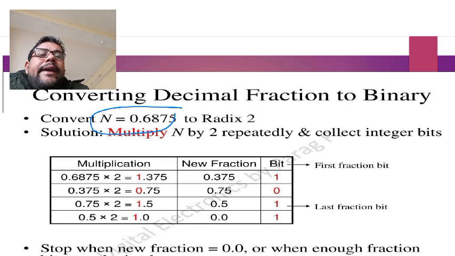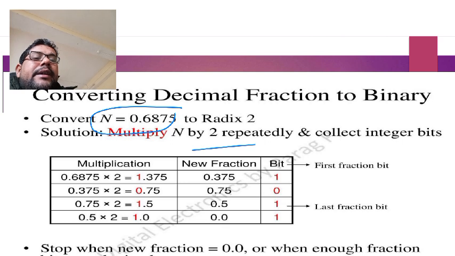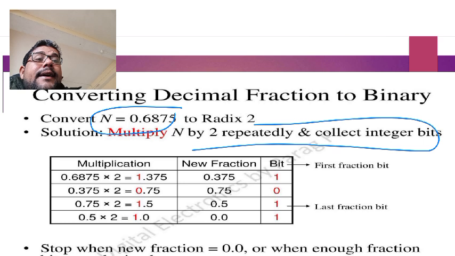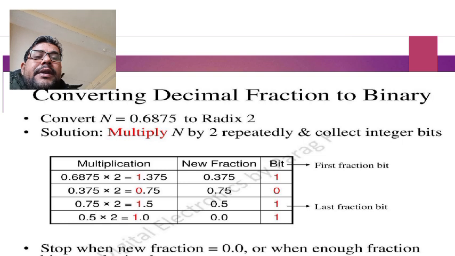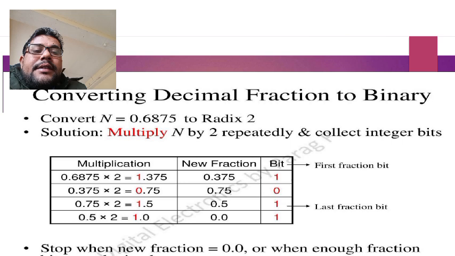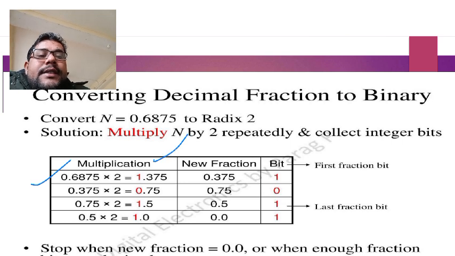Solution: we multiply this number by 2 repeatedly and collect the integer bit. First, 0.685 multiplied by 2 becomes 1.375.